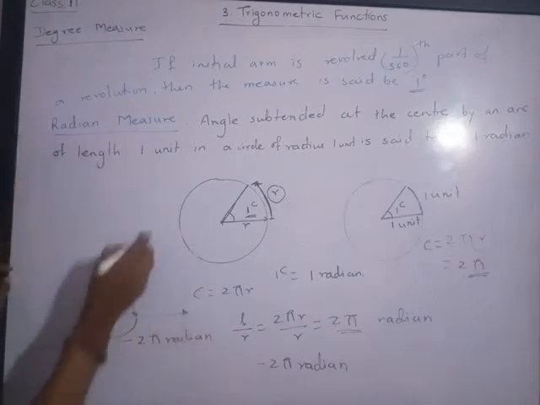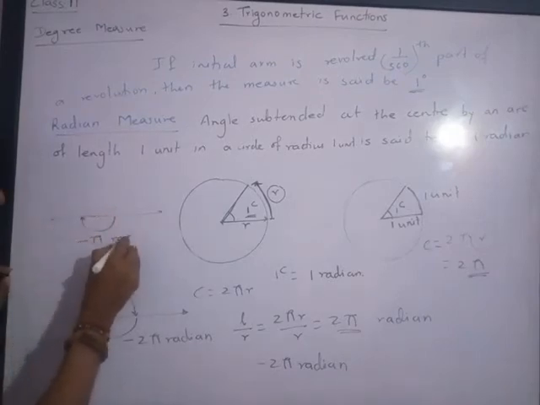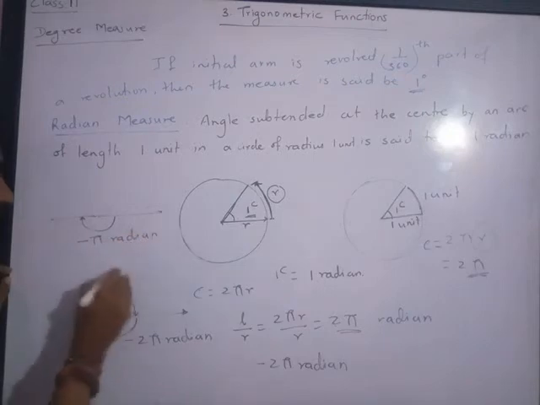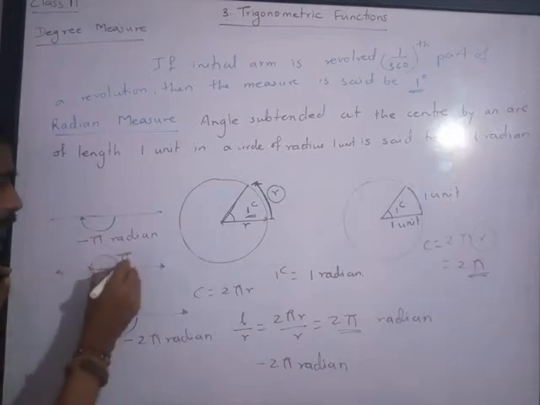So if it is rotated half circle in clockwise direction, this becomes negative pi radians. And if the initial arm is rotated in anti-clockwise direction of half circle, then it becomes pi radians.